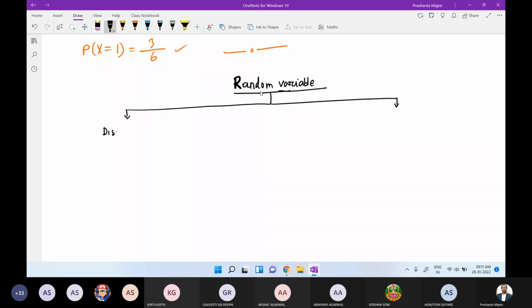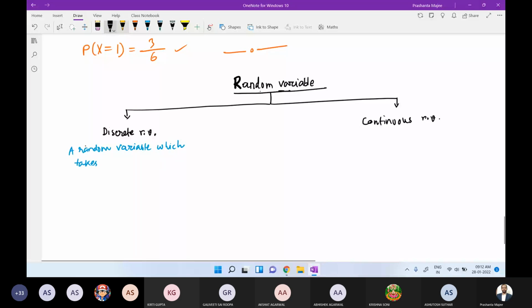What are the examples? A discrete random variable is a random variable which takes or assumes a finite or countable number of values.